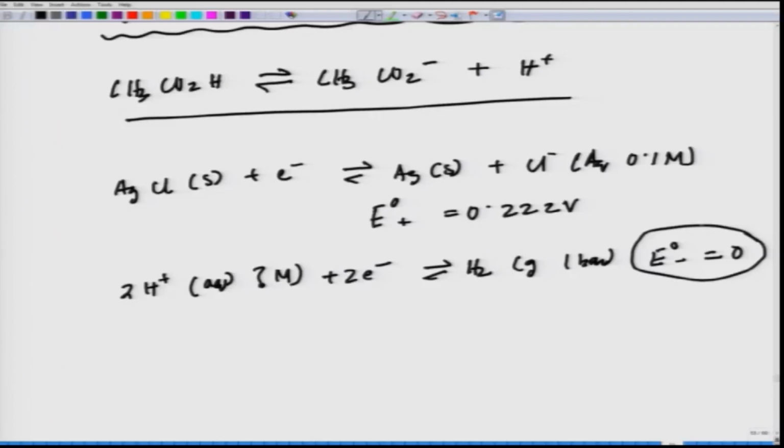So what we do not know is the concentration of these H plus ions. The net reaction is not at equilibrium because the measured voltage is 0.503 volt.